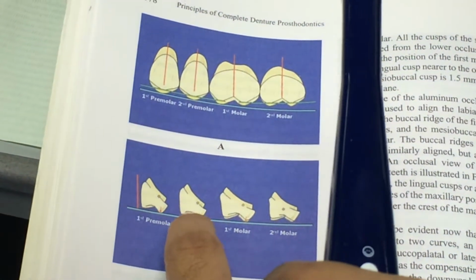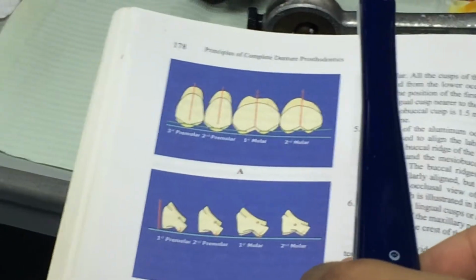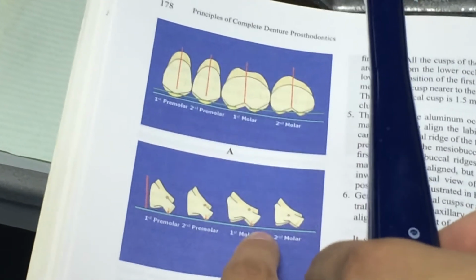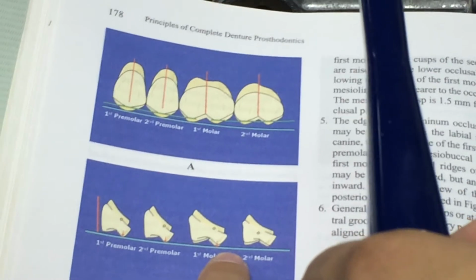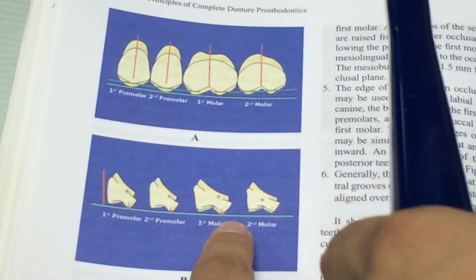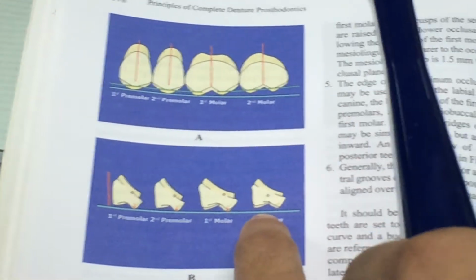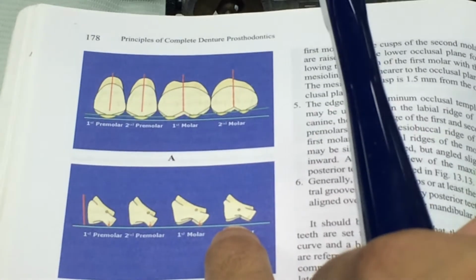The buccal cusp is away 0.5 millimeter, and the first molar, the mesiopalatal cusp is touching and the others are away 0.5 millimeter, and the second premolar is all away.